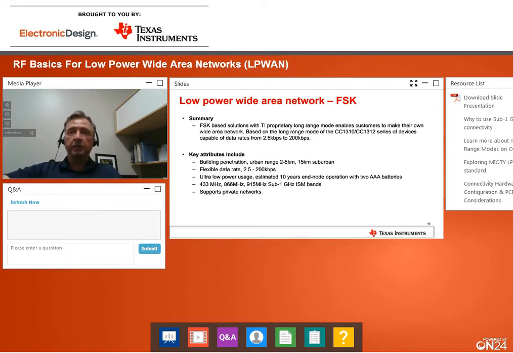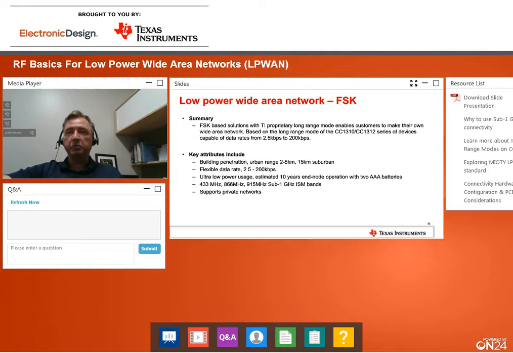Here we are proposing an FSK-based narrowband system that also has flexible data rates from approximately 2.5 kilobits per second up to 250 kilobits per second, and we can operate at any of the normal ISM bands worldwide. This enables low power end equipment like 10-year end node operation on two AAA batteries.